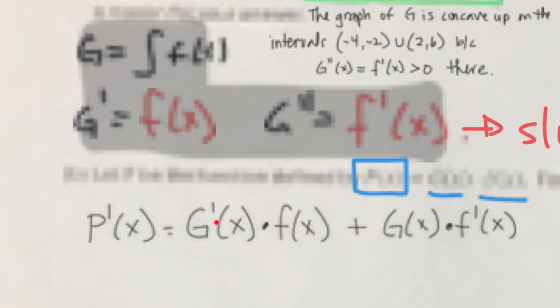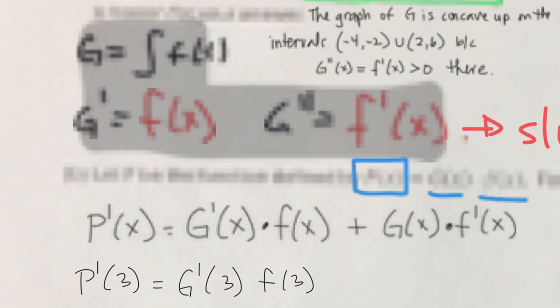The derivative of one times the function plus the function times the derivative of the other, right? That's our product rule. So now we want to find out what p prime at 3 is. So that's g prime at 3 times f of 3 plus g of 3 times f prime at 3.